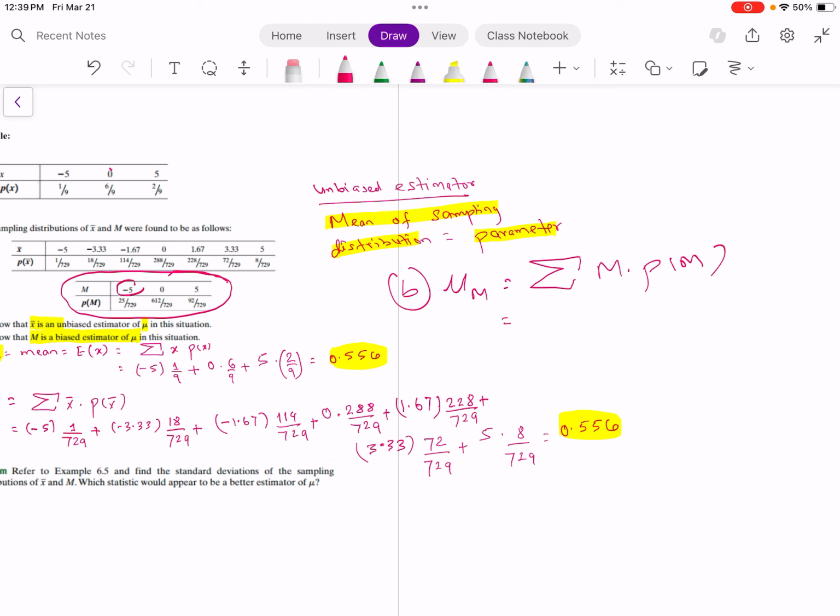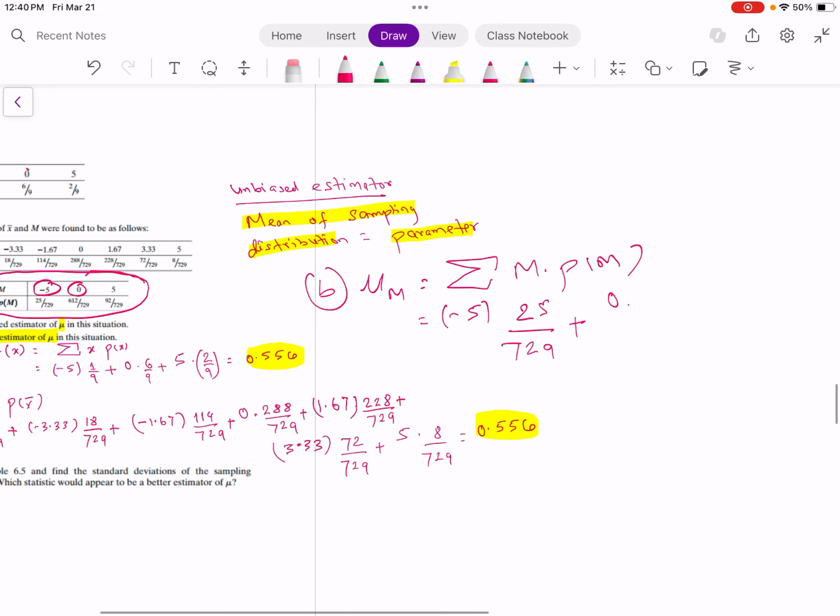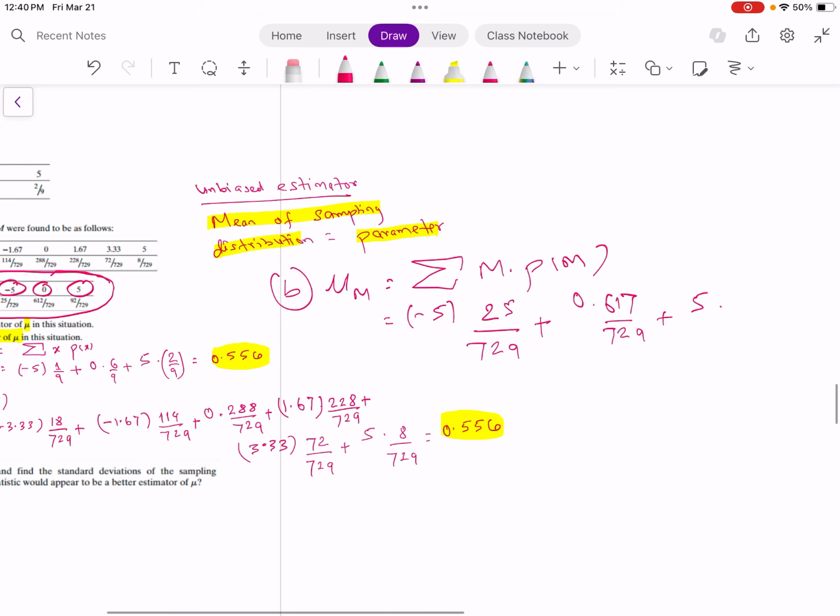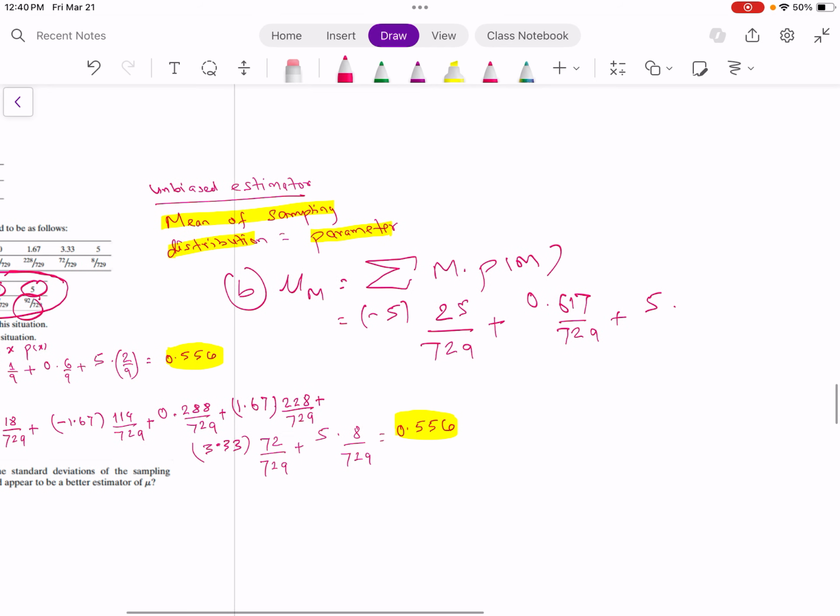We have -5 multiplied by its probability, 25 over 729, plus 0 times the probability, 612 divided by 729, plus 5 times 92 divided by 729.